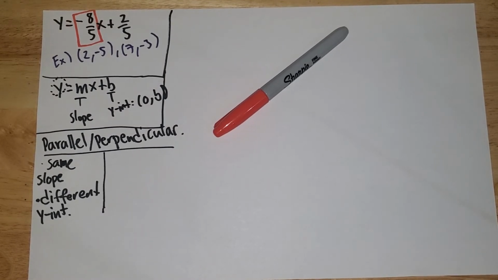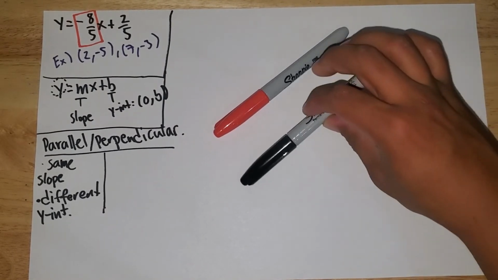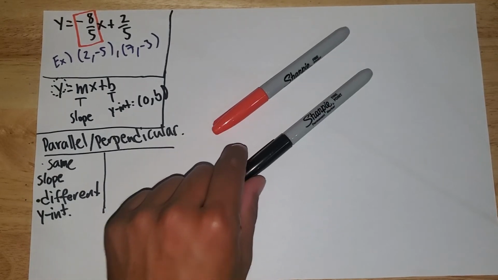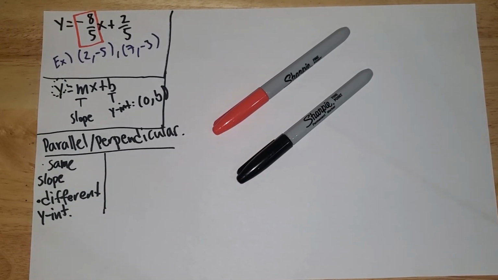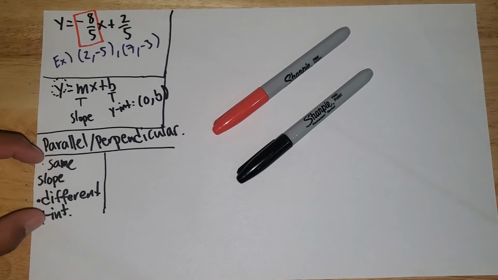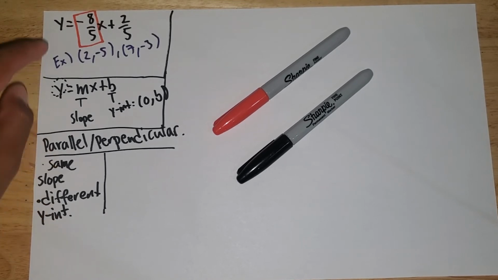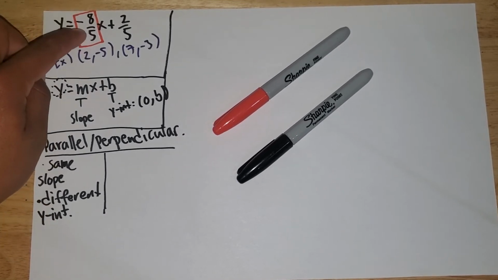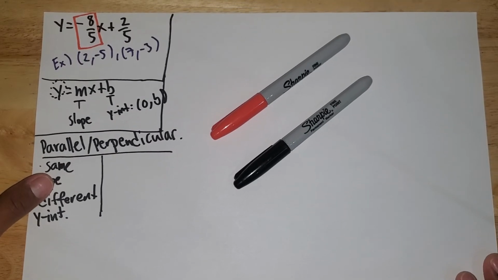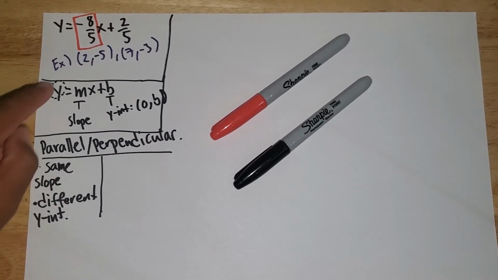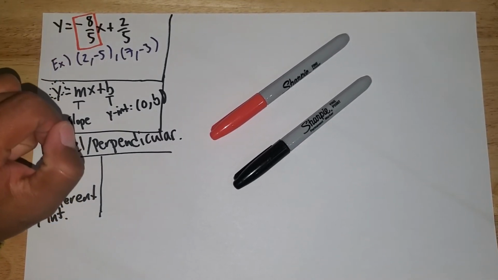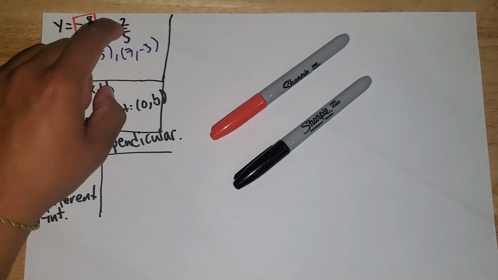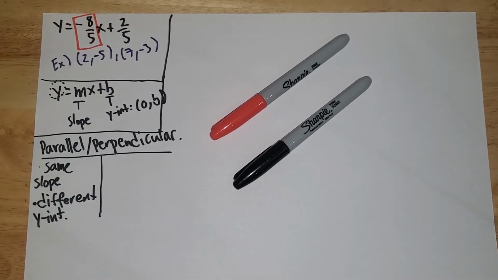Alright, so on a graph, that's how parallel lines look. This description here is talking about the actual linear equation, the way it's written. So this part will be exactly the same, but the y-intercept will have to be different.